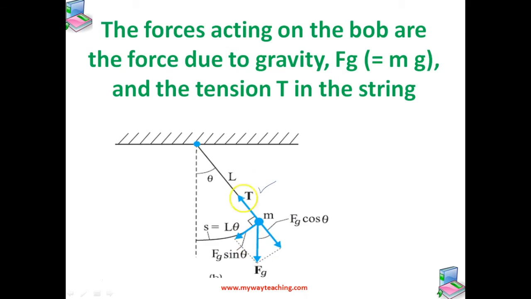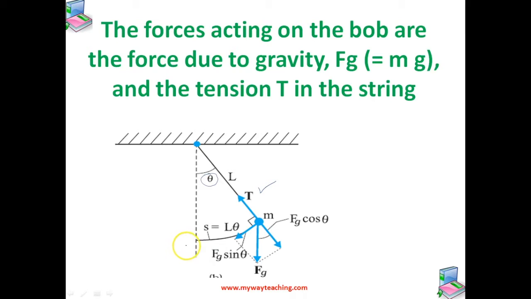The forces acting on the bob are the force due to gravity Fg and the tension in the string. Let theta be the angle made by the string with the vertical. You can see here, this is the angle made by the string with the vertical when the bob is at mean position.